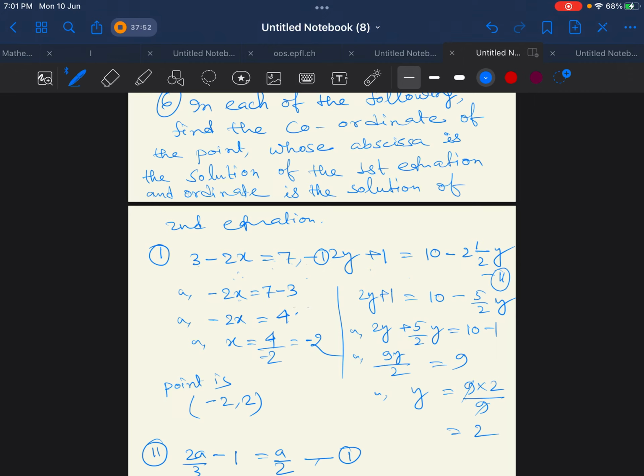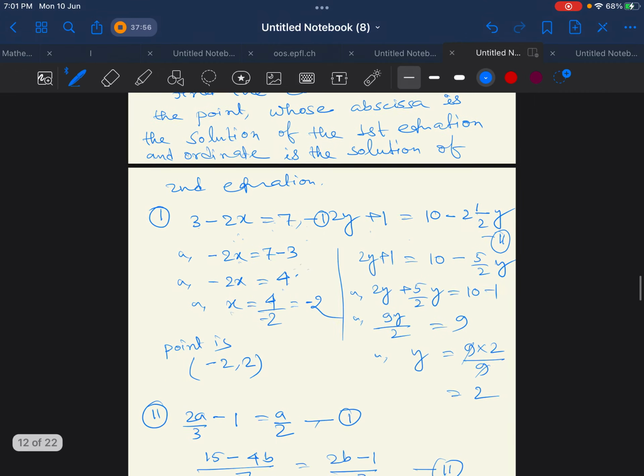3 minus 2x is equal to 7, so minus 2x equals 7 minus 3. So 4x equals 4 by minus 2, that is minus 2. From the second equation, 2y plus 1 equals 10 minus 2 into 2, that is 4, plus 1, 5 by 2y.